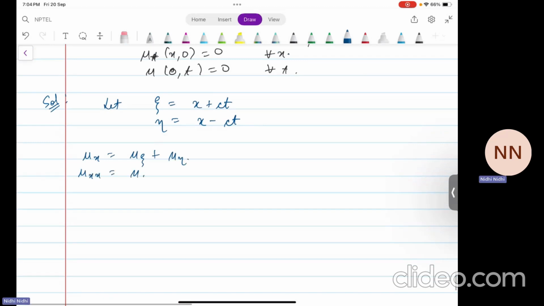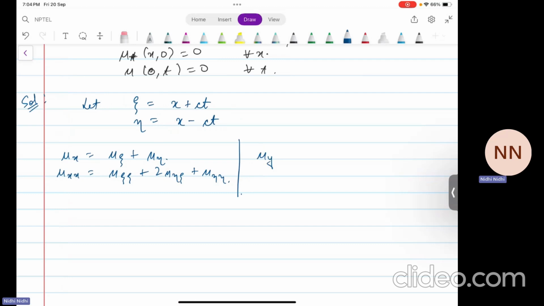Uxx is equal to u zeta zeta plus 2u eta zeta plus u eta eta. I hope you remember everything, how we did all these things. Ut is equal to cu zeta minus cu eta, which gives us utt is equal to c square times u zeta zeta minus 2u eta zeta plus u eta eta.